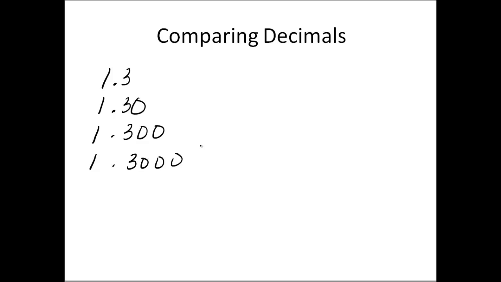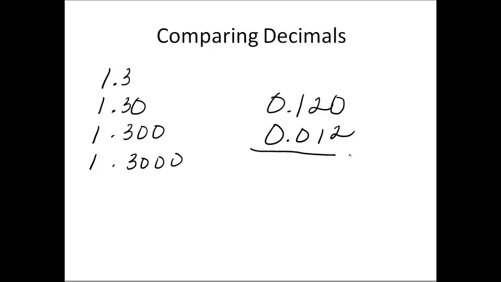When we compare decimal numbers, sometimes this helps so that both of the numbers will have the same number of digits after the decimal point. So if we had 0.12 and we had 0.012, we line up the decimal numbers, and I'm going to add a terminal 0 to the end of this first one so that everything looks the same.